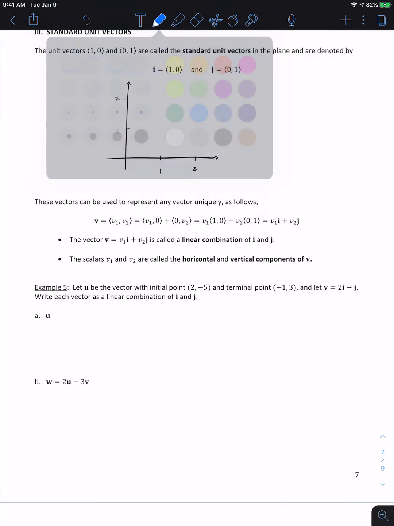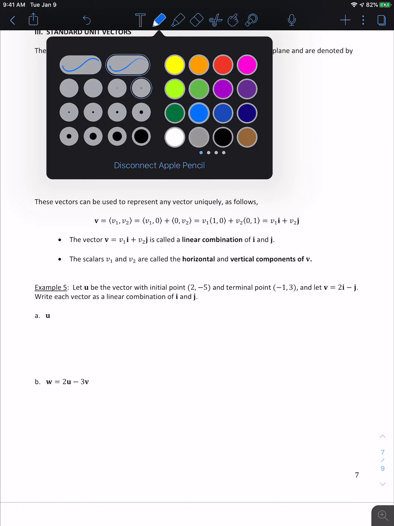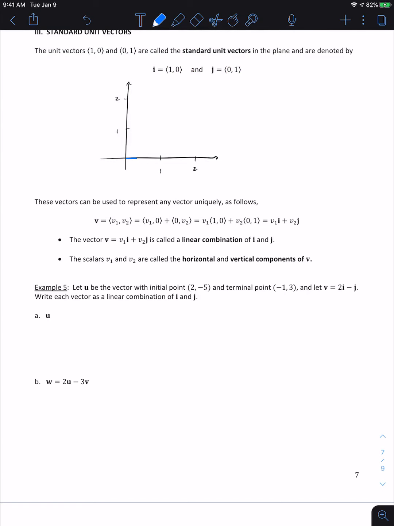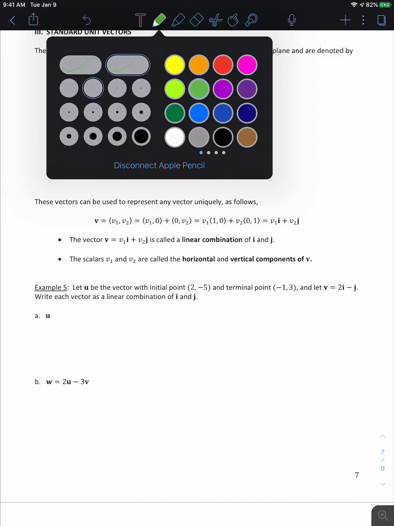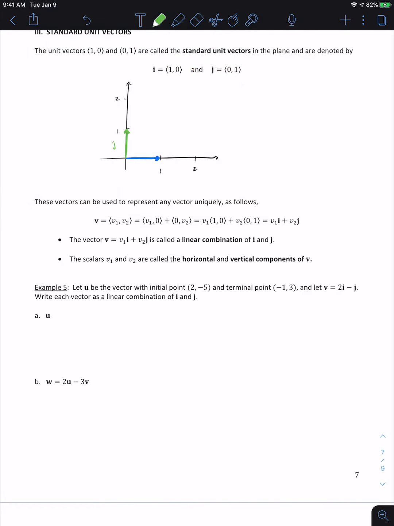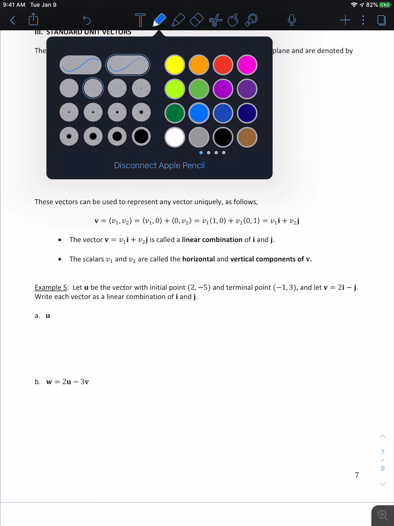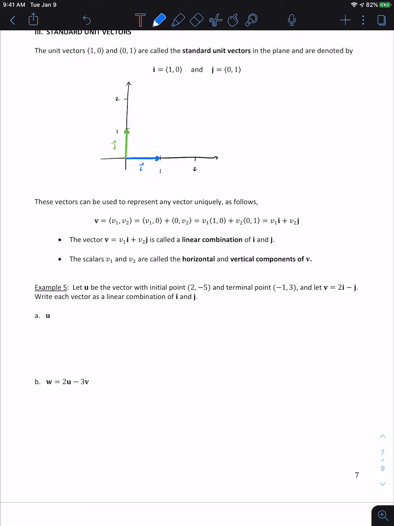What the i vector looks like is this vector right here, and what the j vector looks like is this vector right here. So again, this is j hat, because I'm writing it down so I can't write boldface, so I put a little hat on it. You could put a little vector arrow on it, depends on what you would like to do. And then this is going to be my i.